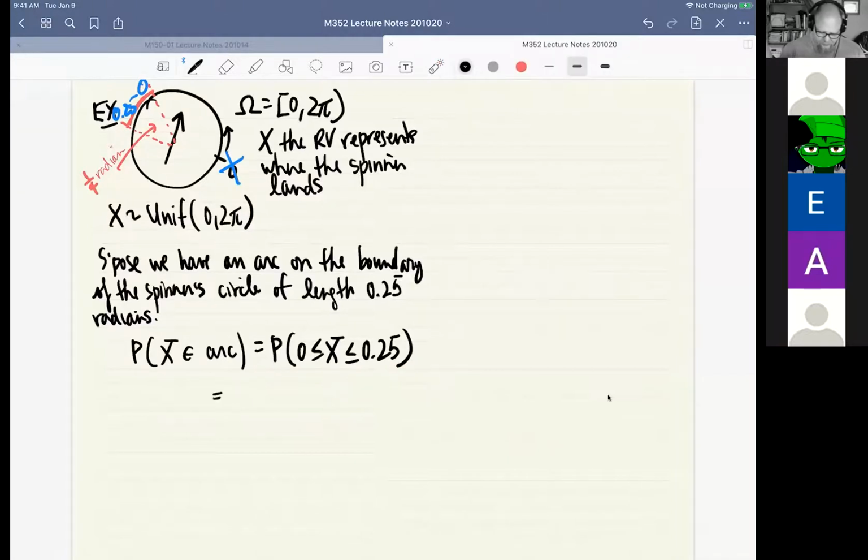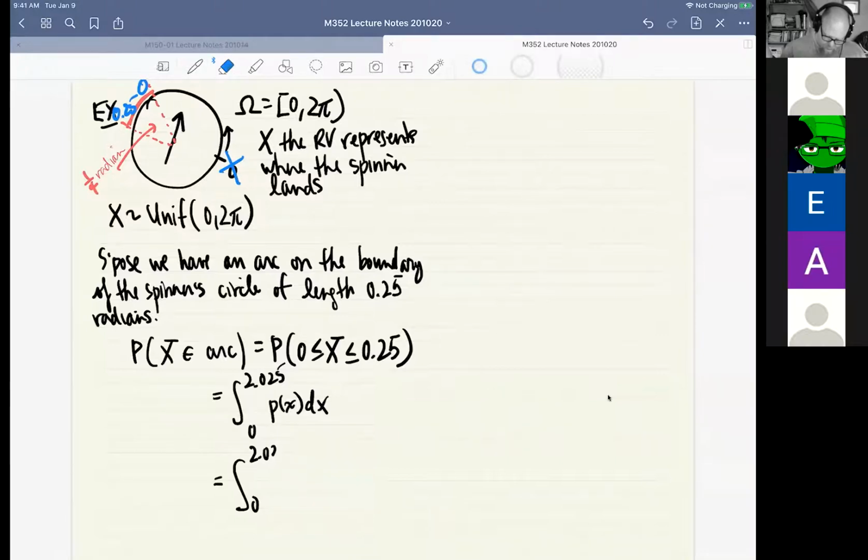By the definition of probabilities of a continuous random variable, this is the integral from 0 to 0.25 of the PDF of my uniform distribution. The PDF in this case is just 1/2 pi.